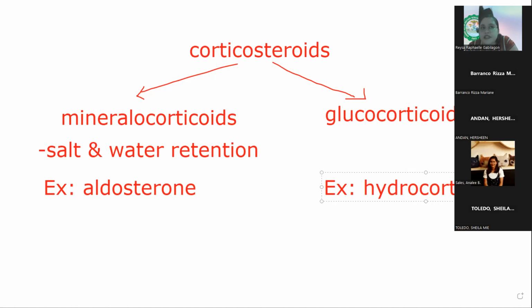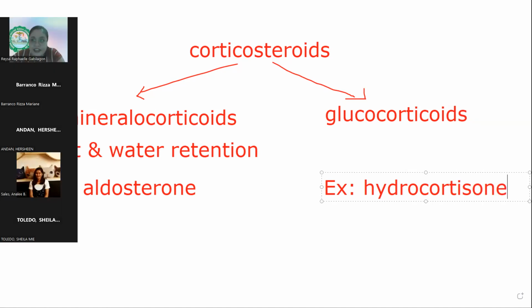Fat metabolism also is included here. And ito yung may function din in inflammation and immune system or yung mga white blood cell actions natin in the body. Okay, so that's how we differentiate mineralocorticoids and glucocorticoids, which are the two types of corticosteroids inside our body.